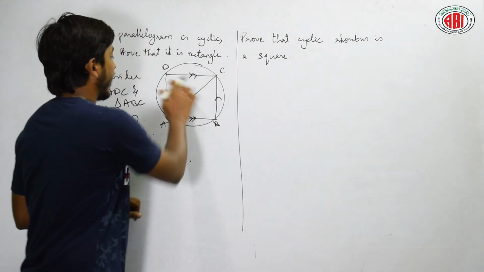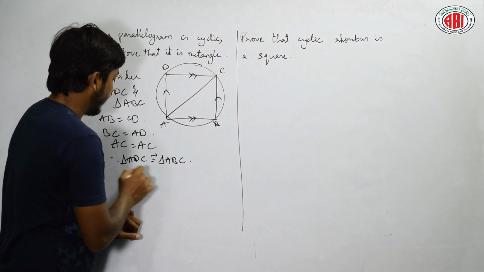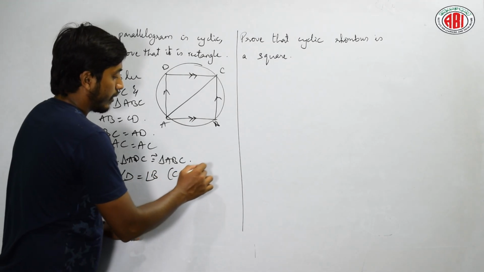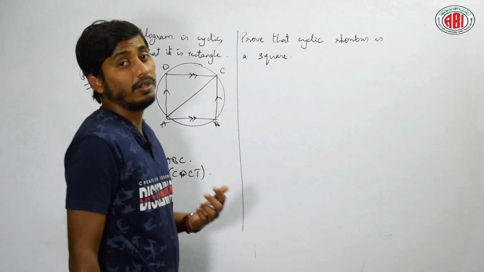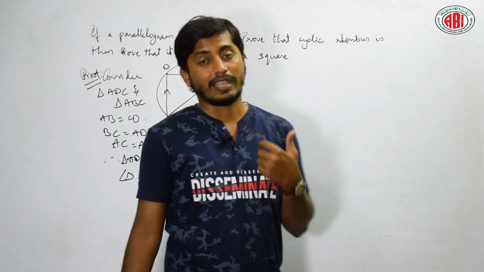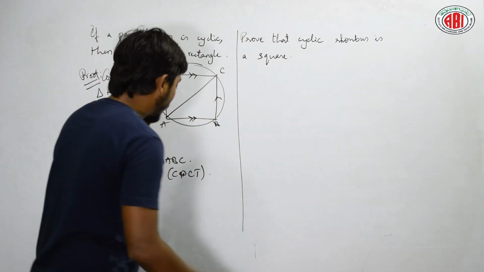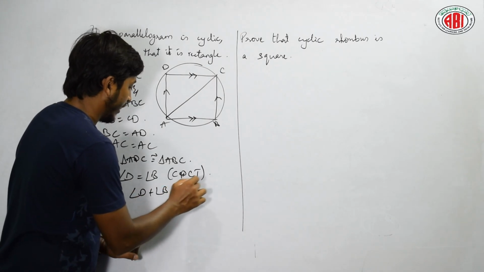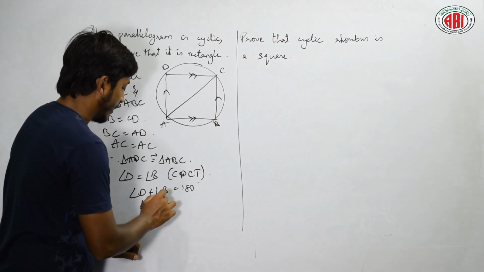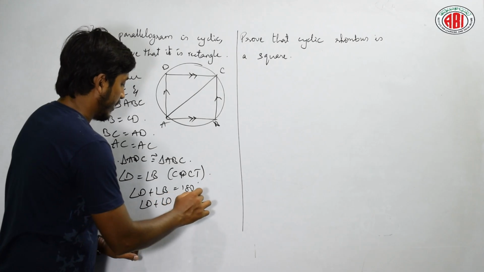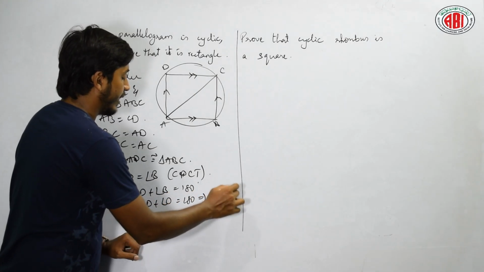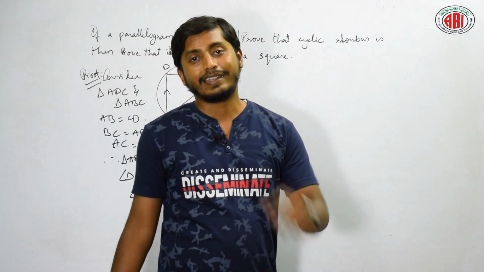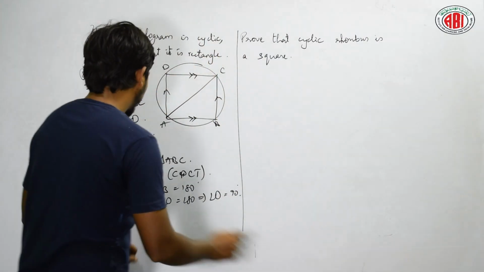Therefore, by CPCT can I equate angle D is equal to angle B? Yes. Now, what about the opposite angles of a cyclic quadrilateral? They are always supplementary. Therefore, angle D plus angle B is equal to 180. Since they both are equal, each angle is 90 degrees. Similarly, the remaining all 4 angles also will be 90. Clear?